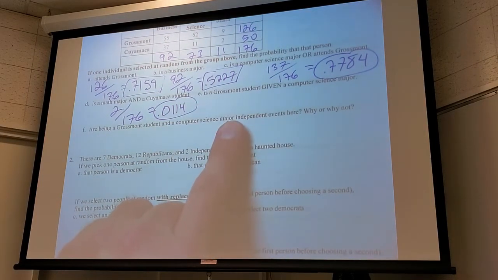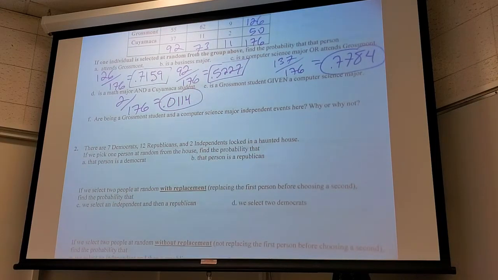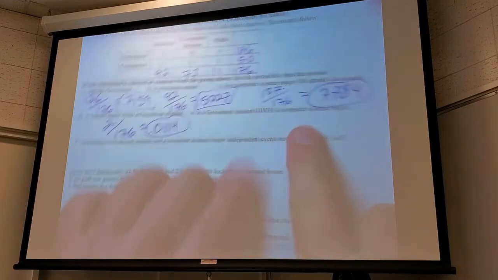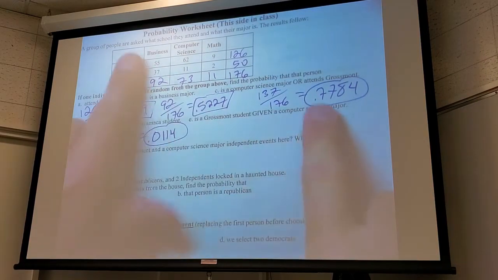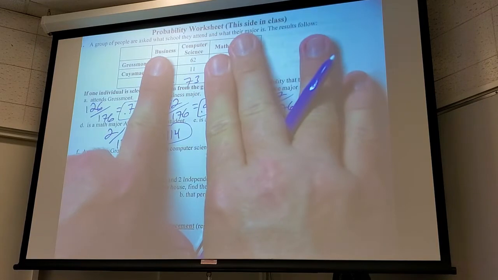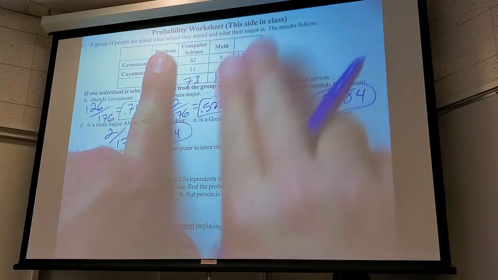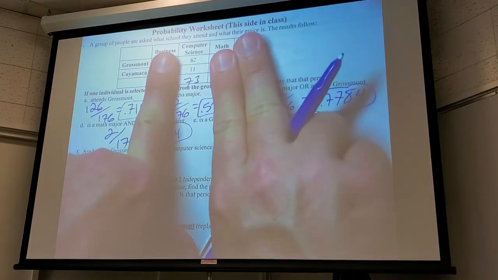Okay. So part E is the first time the bottom is not 176. Grossmont student given computer science. So what's my universe? How many people are in my group now that I know I'm talking about? 73. Yeah, so I've got 73. So you can just do this. Out of those 73, how many are Grossmont students? 62.